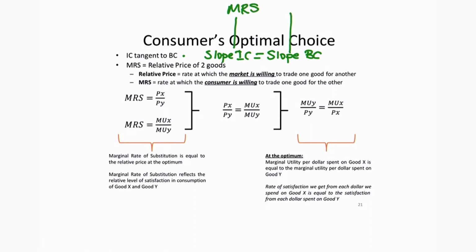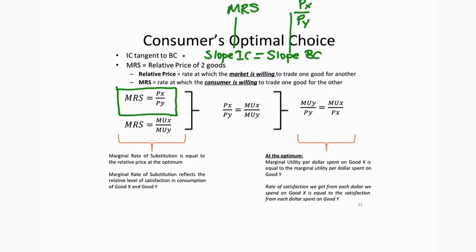And the slope of the budget constraint is the relative price of good X in terms of good Y. So, at the optimal point of consumption, the marginal rate of substitution, or the slope of the indifference curve, is equal to the relative price of good X in terms of good Y, or the slope of the budget constraint.